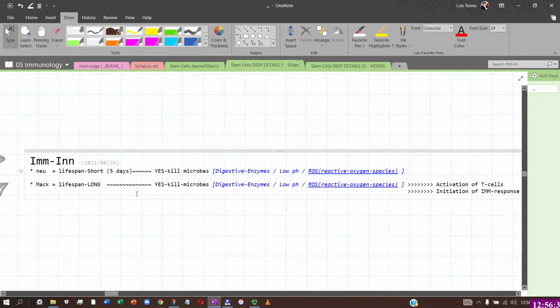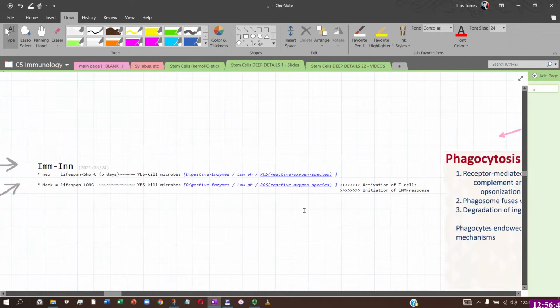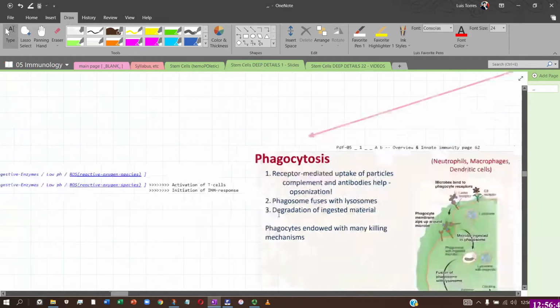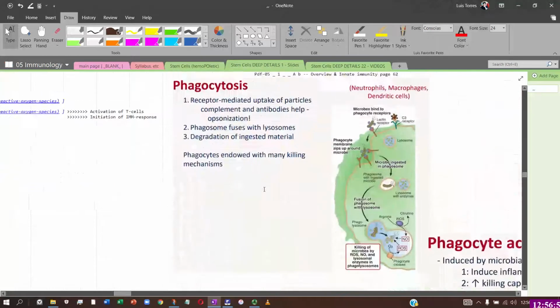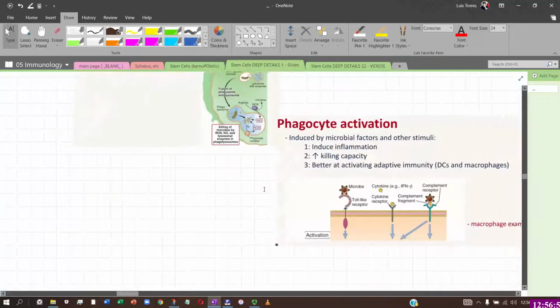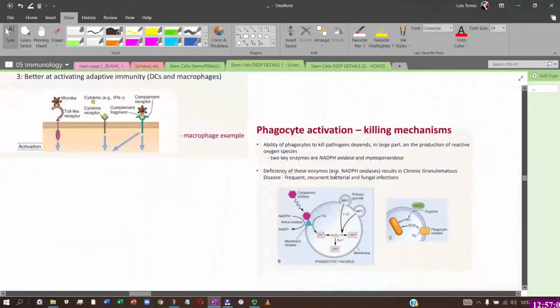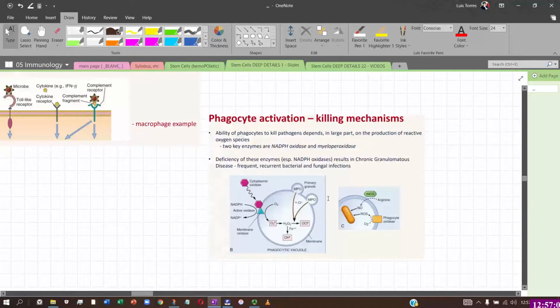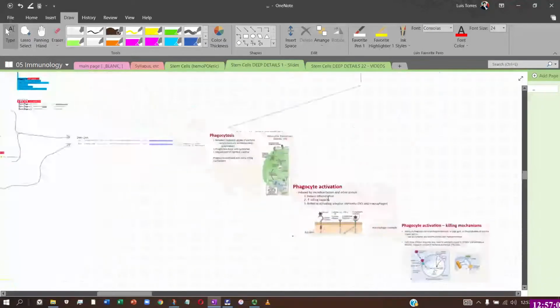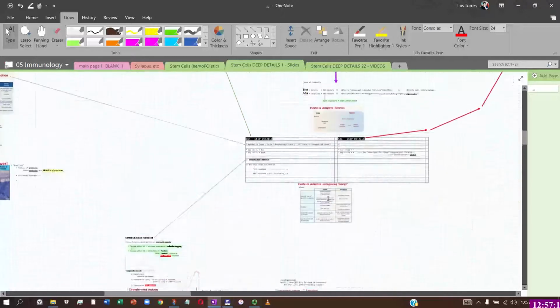The neutrophils possess a short lifespan, whereas macrophages possess a long lifespan, etc. So here, phagocytosis gets induced, and there's phagocyte activation, and then there are killing mechanisms. Cool. So we've addressed that. Let's keep going. It'll become relevant.